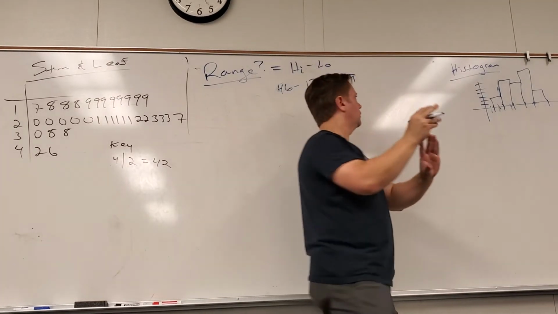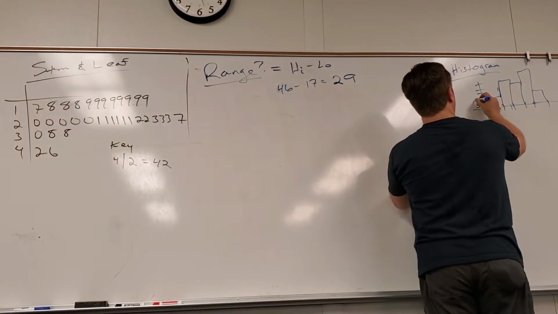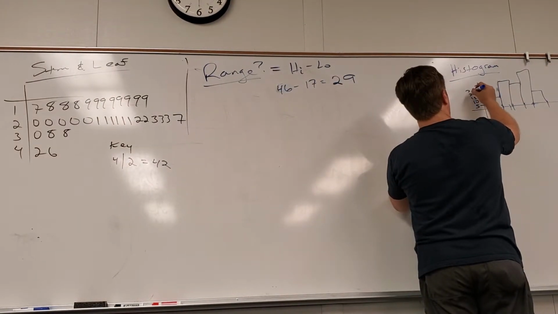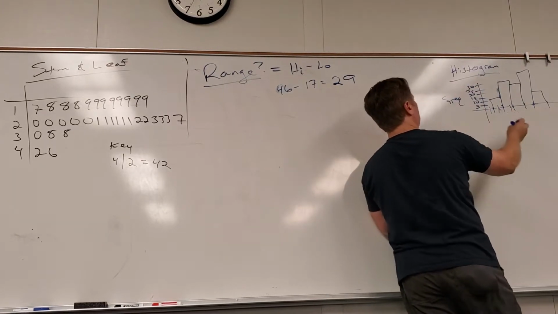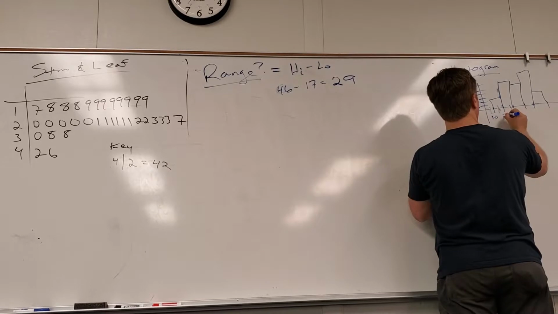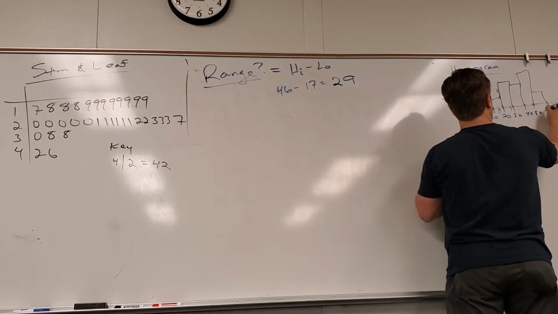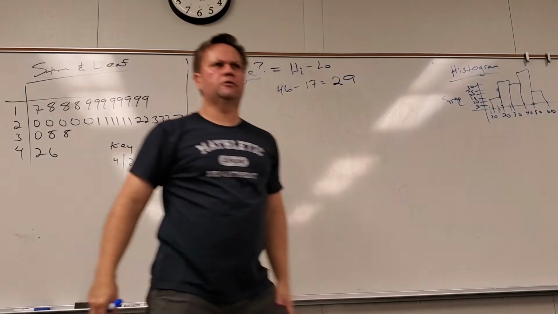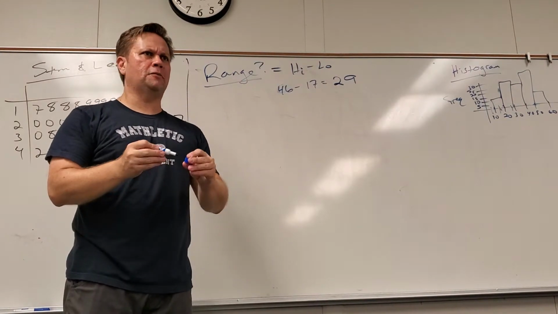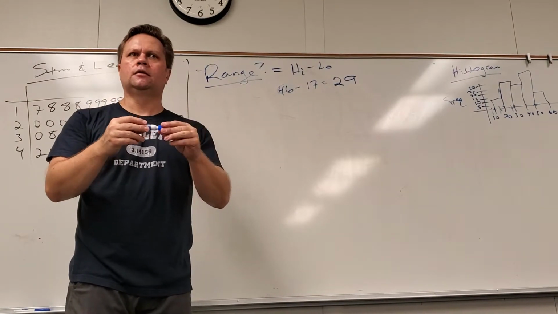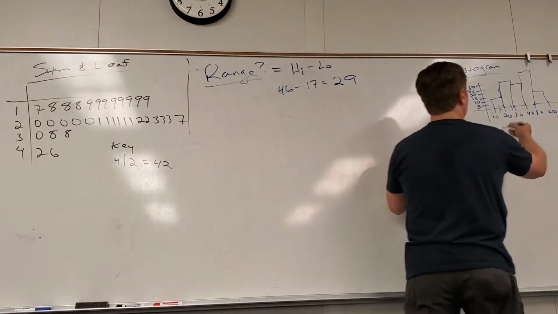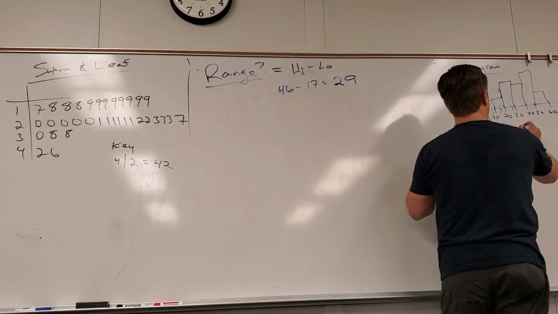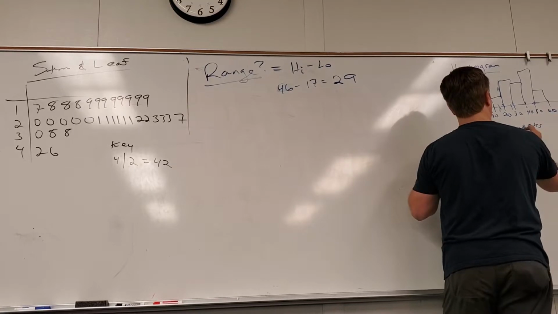So for example, let's say this is the frequency. Let's say 10, 20, 30, 40, 50. Can you guys all see that? I wasn't really planning on making it a specific example, and then I decided to do that. And let's say this is the number of weeks between jobs.